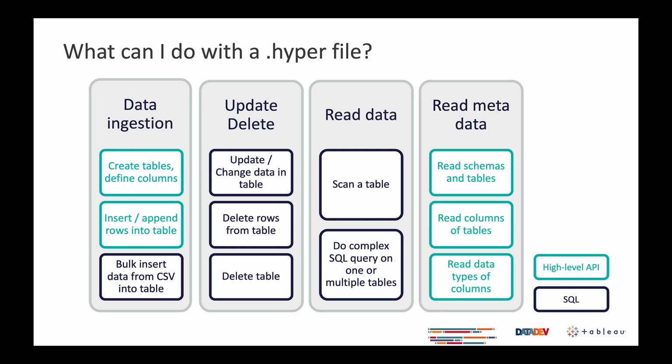And a lot of times, some important stuff too, it might be underrated, but reading metadata from multiple Hyper files. So reading the schemas and table names, getting column definitions, reading the types of data in the columns. I know for a fact that these last examples that we brought up are crucial for true application integration. Alteryx being another great example of that.